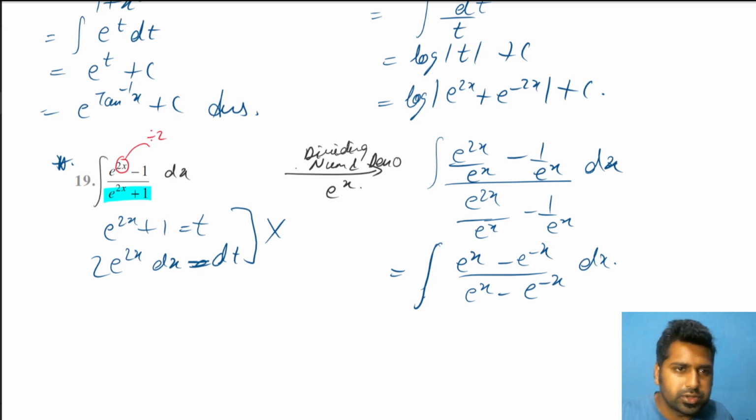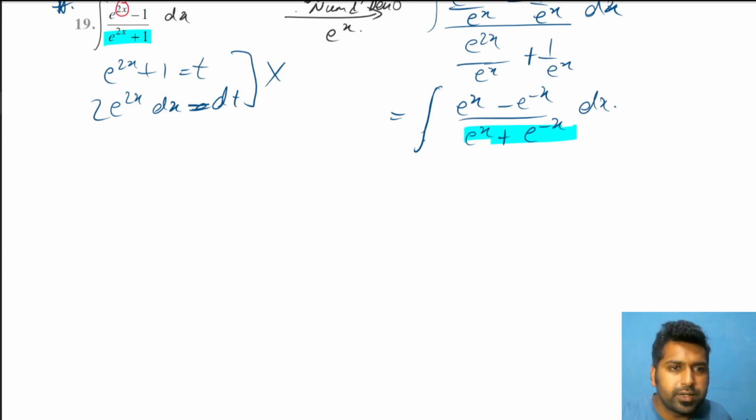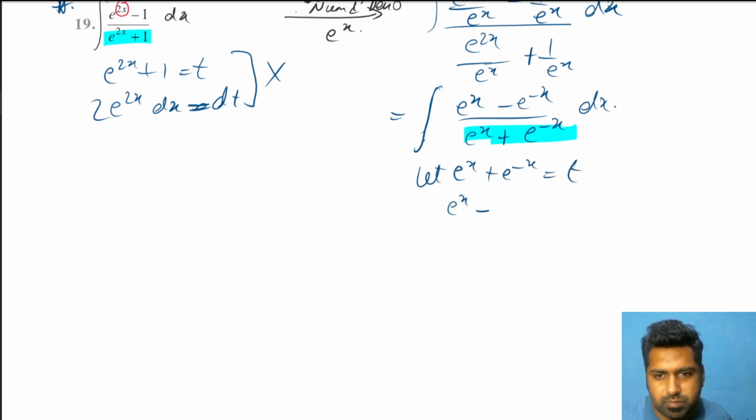I think I copied the question wrong. Denominator was plus, denominator was plus. Yeah, now it's okay. Now you take your denominator as t and your numerator will become dt. Okay, let e raised to power x plus e raised to power minus x be t. Differentiation is e raised to power x minus e raised to power minus x dx as dt.